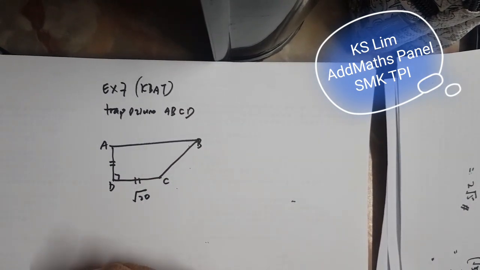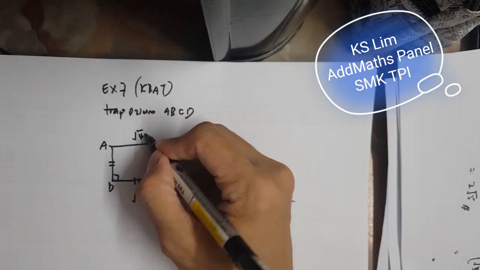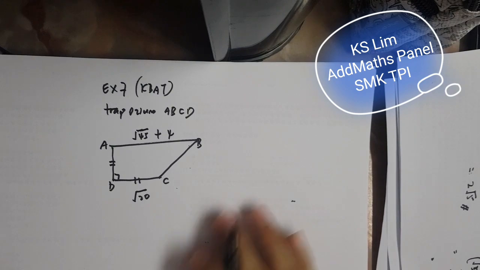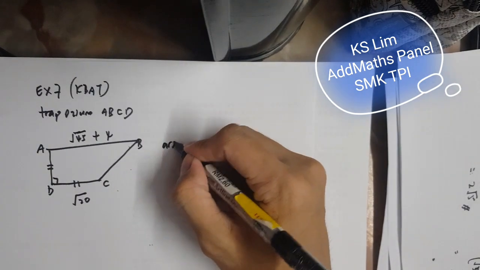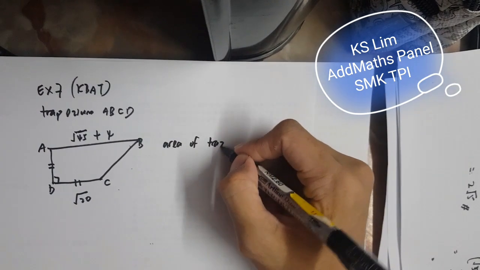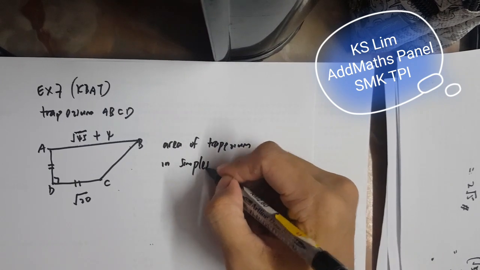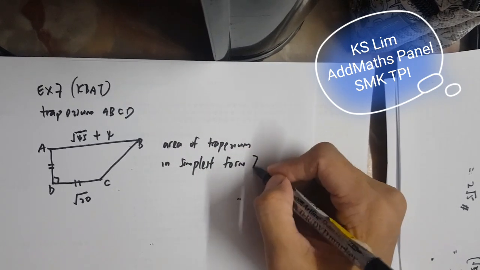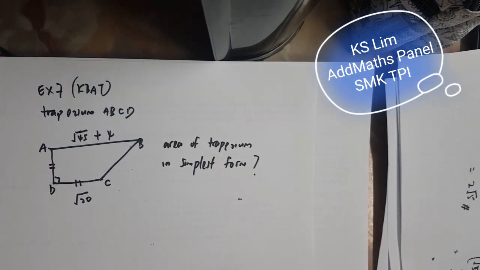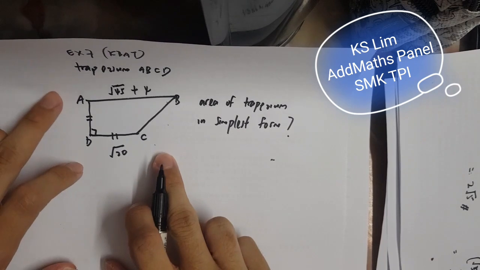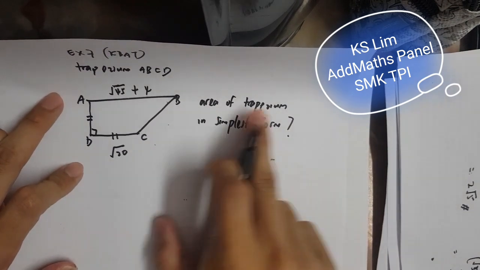D is square root 20, A is square root 45 plus 4. So find the area of the trapezium in simplest form. Okay, and how to find it? So that is your question. Find the area of the trapezium.